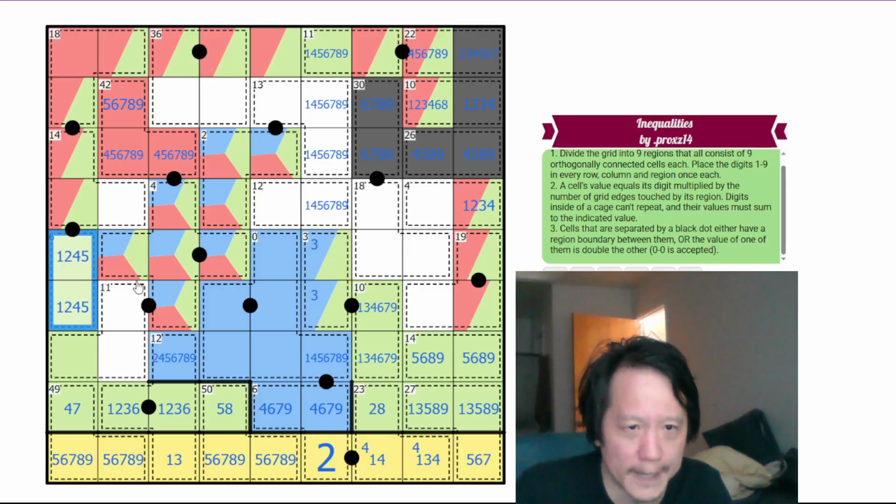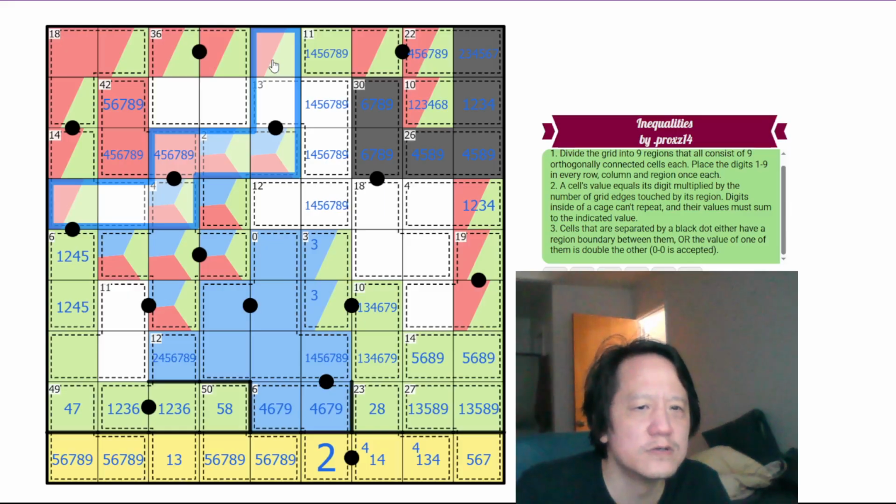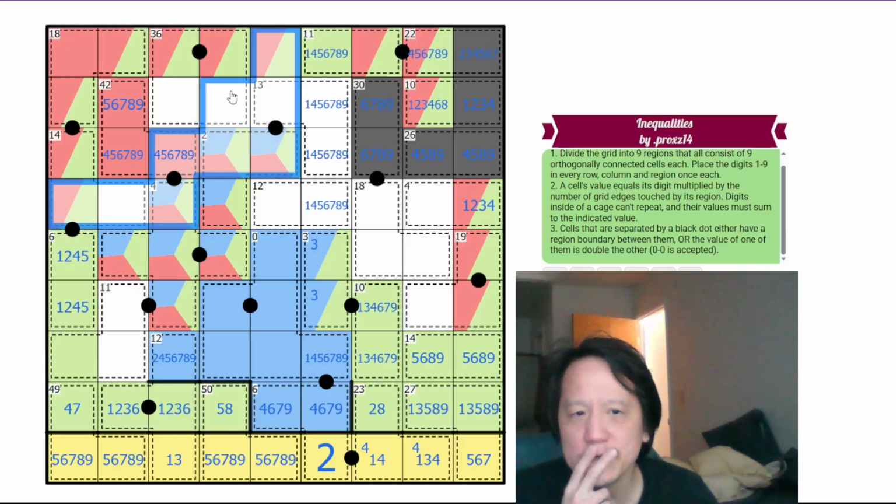Anyways, we could still have multiple. I think this has to be part of this region. Well, maybe not. We could have 1, 2, 3, 4, 5, 6, 7, 8, 9. Yes, we could still have 2 regions. Never mind.